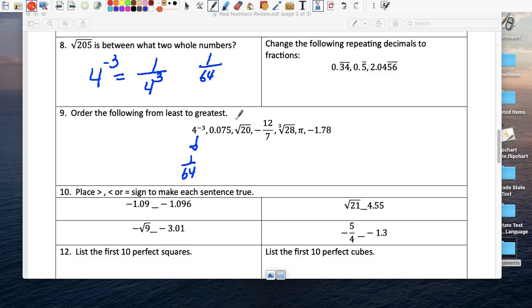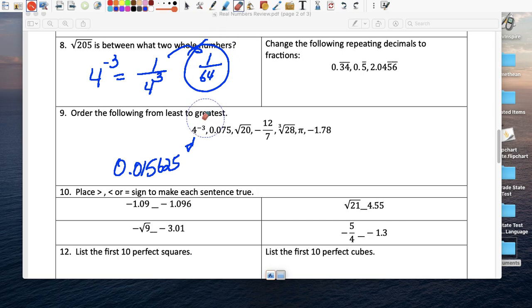So I'm going to go in the calculator and divide 1 by 64. Take that, write it as a decimal, and that number is 0.015625. That's what 4 to the negative third power is. So change that to this, a very small number.